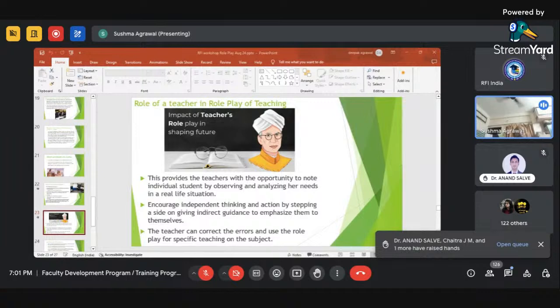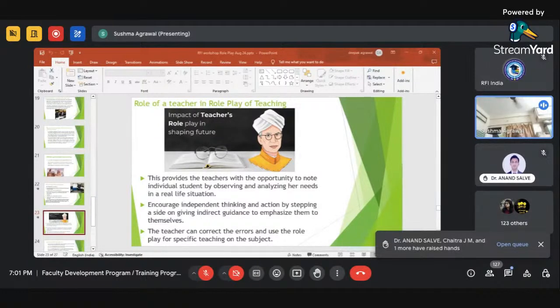Ultimately, when we are talking about the role of a teacher or an educator, you can see Radhakrishnan saying that the impact of the teacher's role play is shaping the future. So the teachers provide an opportunity to note individual students by observing and analyzing their needs in real life situations.